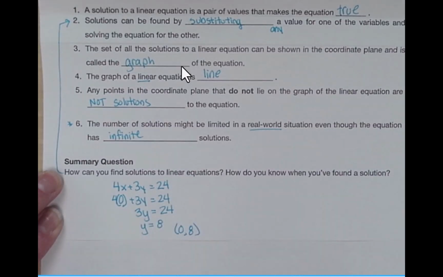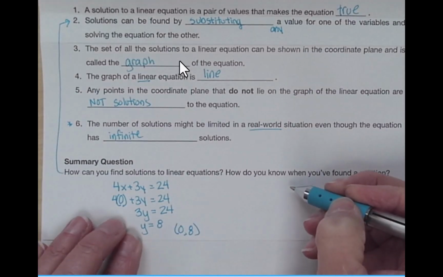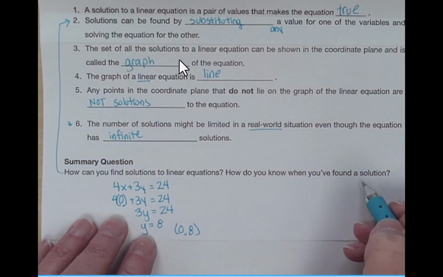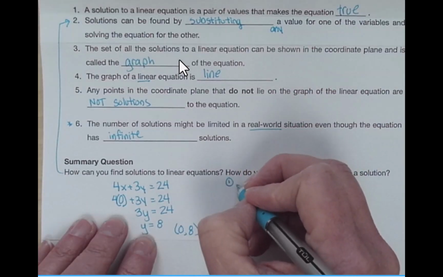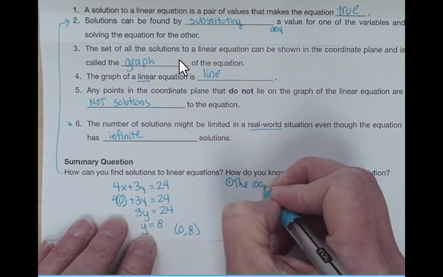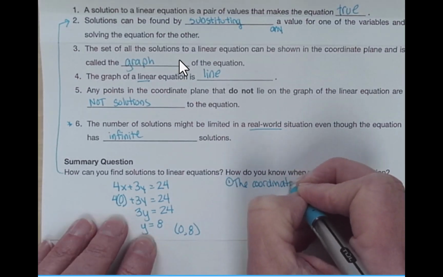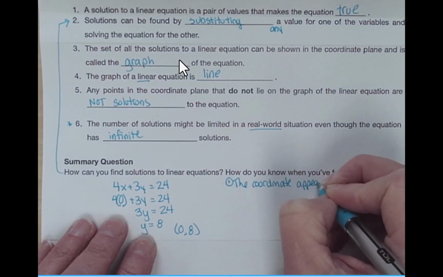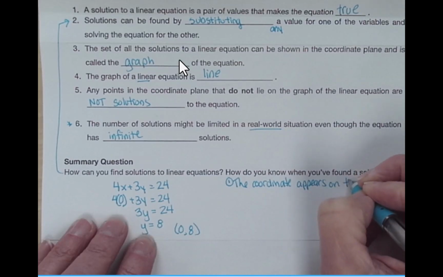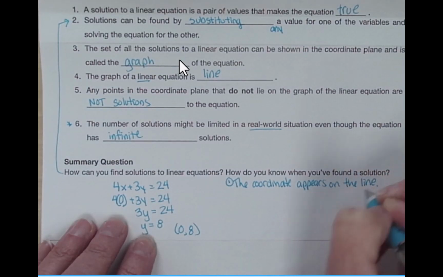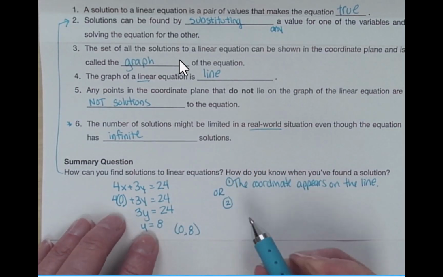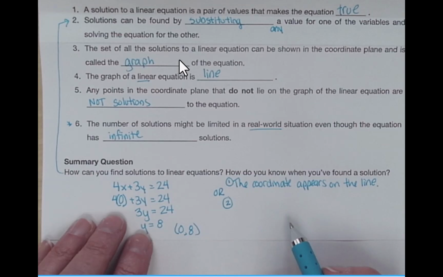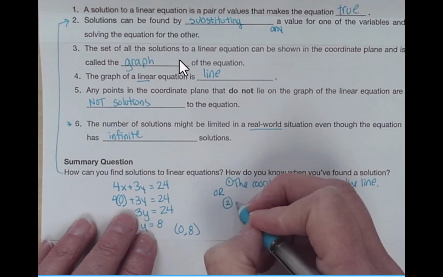And that's our solution. And finally, how do you know when you've found a solution? Well, there's two ways. If the coordinate appears on the graph of the equation, or I should say on the line, or substituting in the x and y values into the equation makes it true.